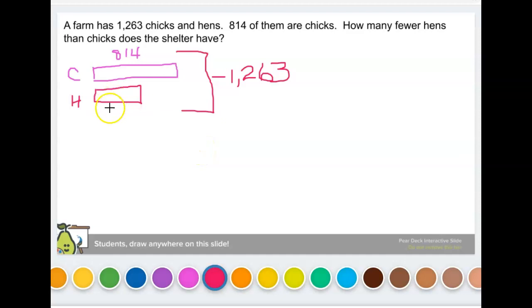So we don't know how many hens, and we don't know how many fewer hens we have. So we don't know the space from the end of the hens to the end of the chicks.